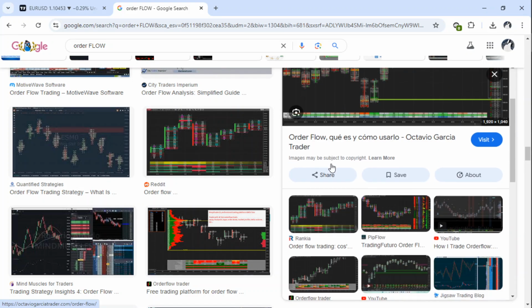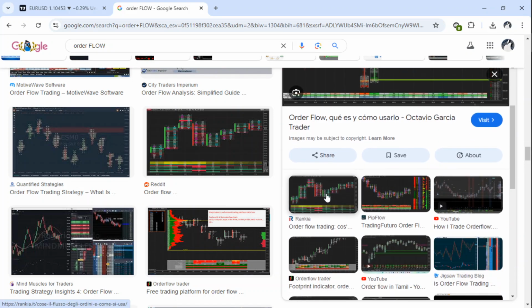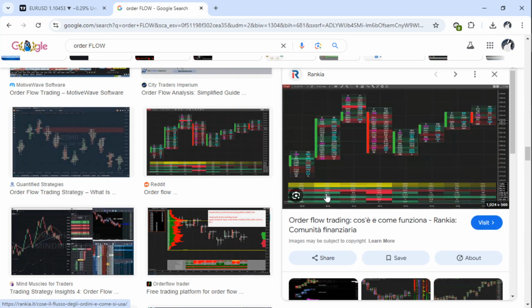So this is the real life order flow, not the one we always think of, because these are made from the order book, which contains prices of bid and ask at the same time. So hedge funds and big financial institutions look at this and know exactly where to buy and where to sell.